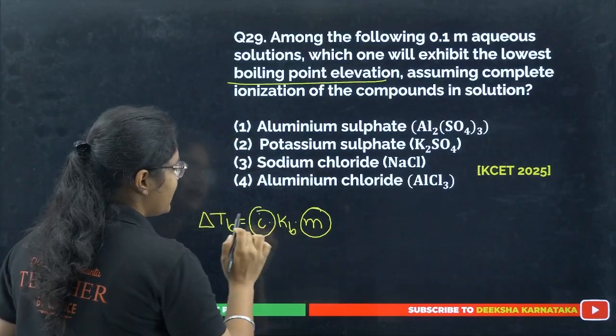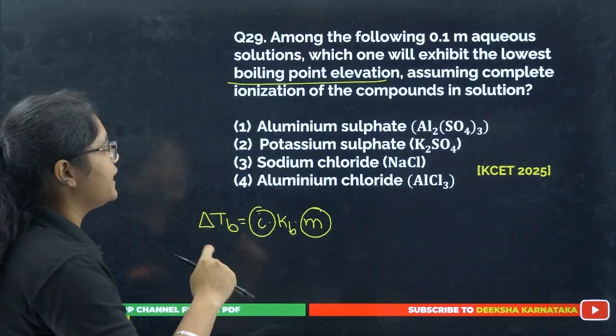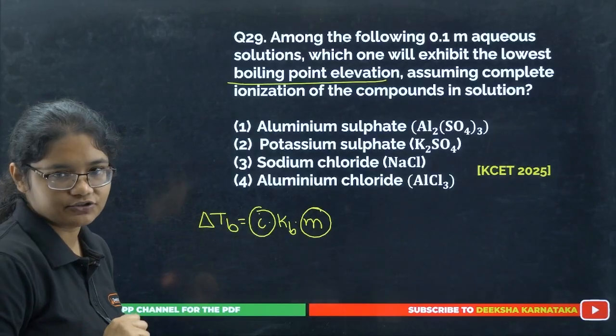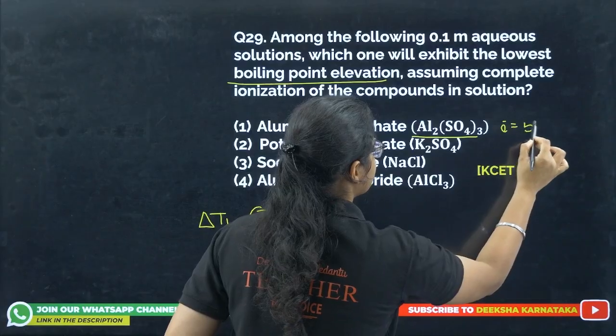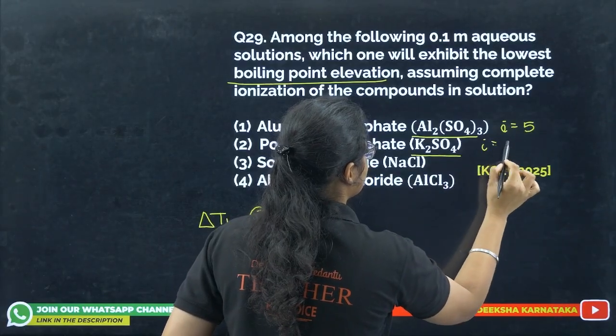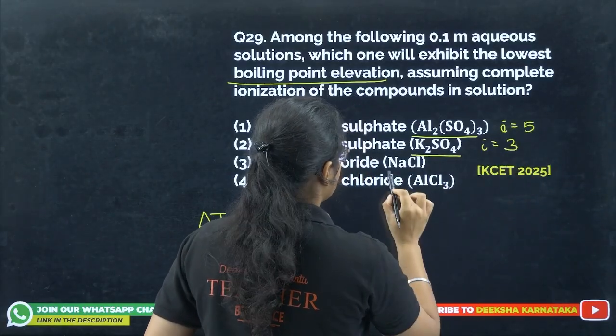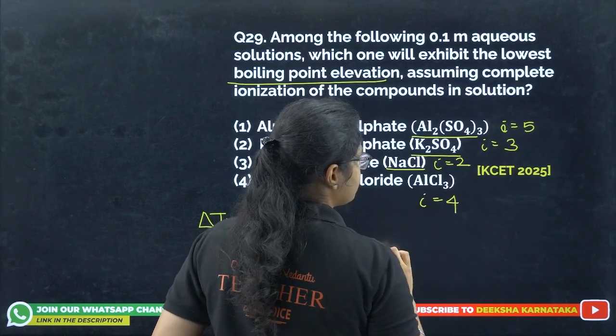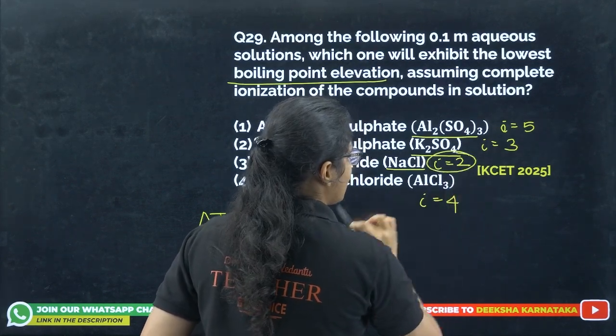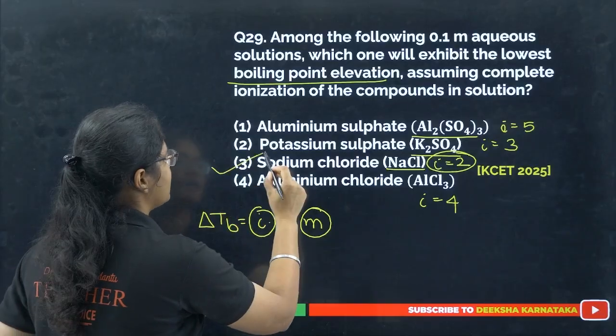Where the I value is least, there this delta TB value will be least, right? So here you can see the I value is equal to 5, here the I value is equal to 3, right? Here the I value is equal to 2, here the I value is equal to 4. So now you can see the least I value is for option number C, so that is why it is option number C here.